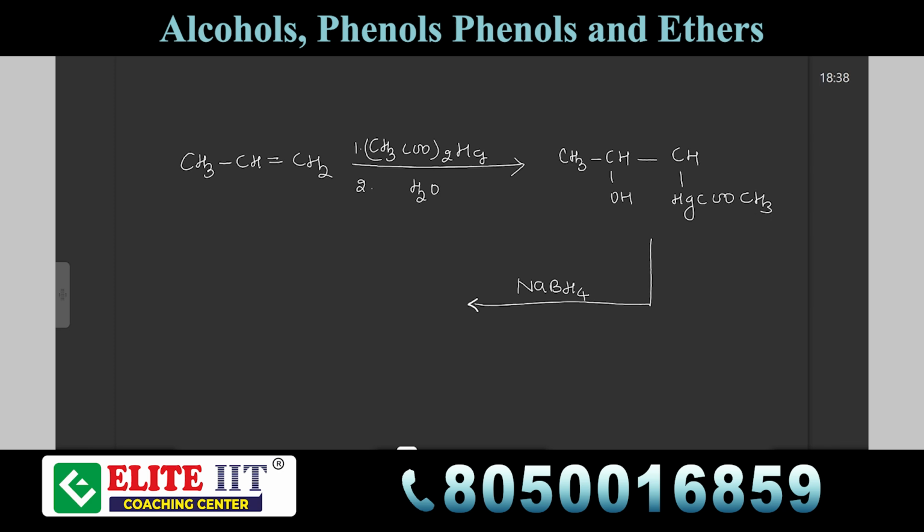That's why we call it oxymercuration reduction. NaBH4 is a reducing agent, so that we get a secondary alcohol, CH3, CH, OH and CH3. People prepare a secondary alcohol here.